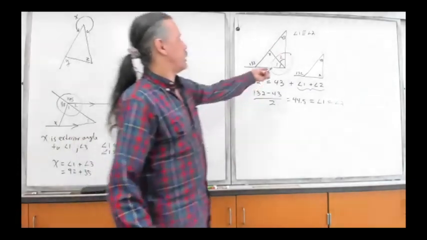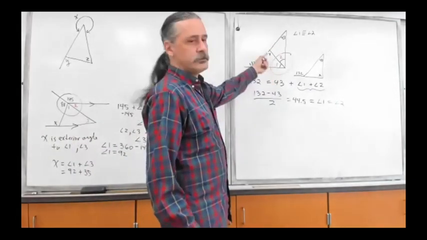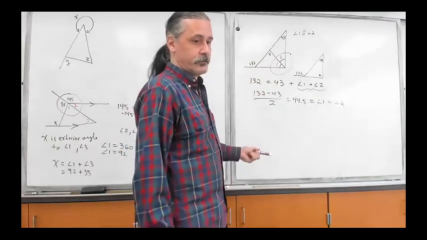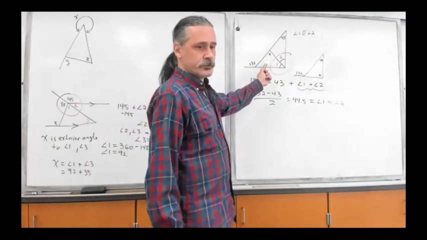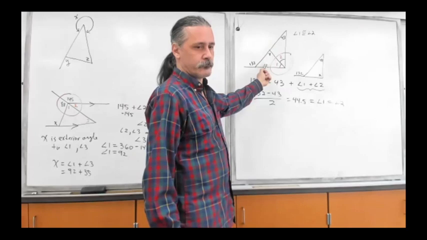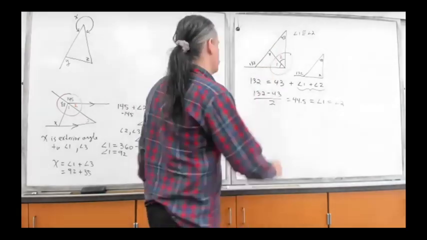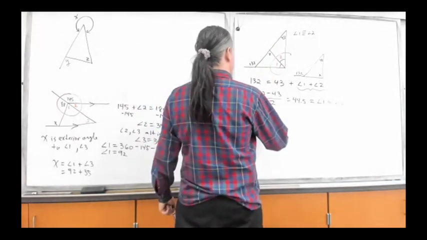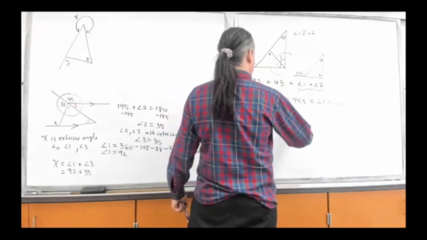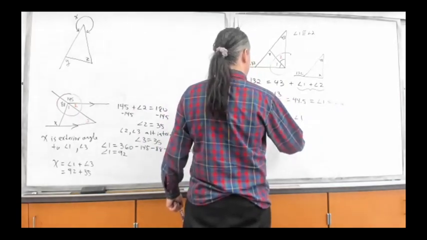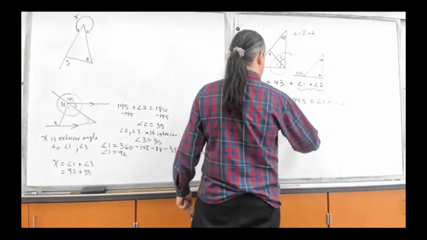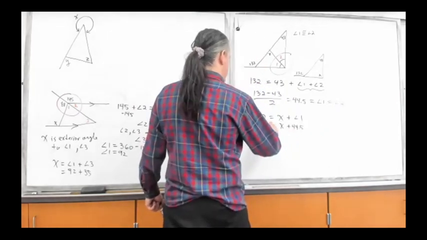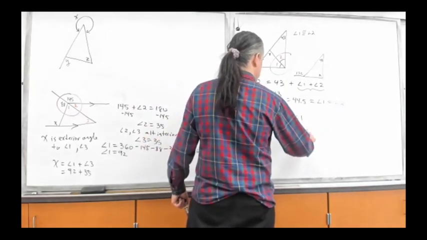All right, so now we know angle 1, and now we can use the exterior angle theorem again, just using the smaller triangle on the bottom. Okay, so then 132 equals x plus angle 1. And then finish the problem.